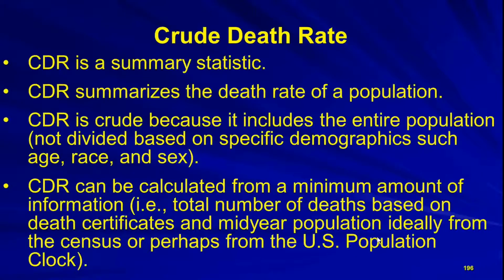Now, in the denominator, we're usually looking at the mid-year population, ideally from the census or perhaps from the U.S. population clock. Now, what I'm talking about here is different. This is not your heuristic example. I moved to a population level.